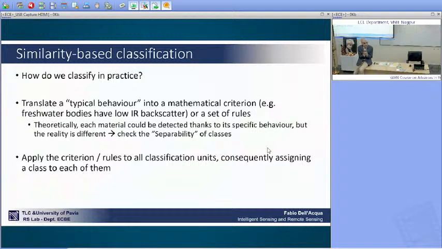Because if I take a pair of information classes, like for example road and parking lot, these are information classes. I'm interested in them. I want to know where the road is and where the parking lot is. But the fact is, these two objects belong to the same spectral class.